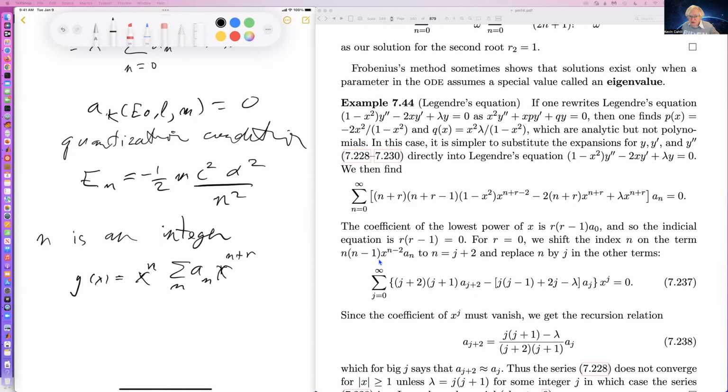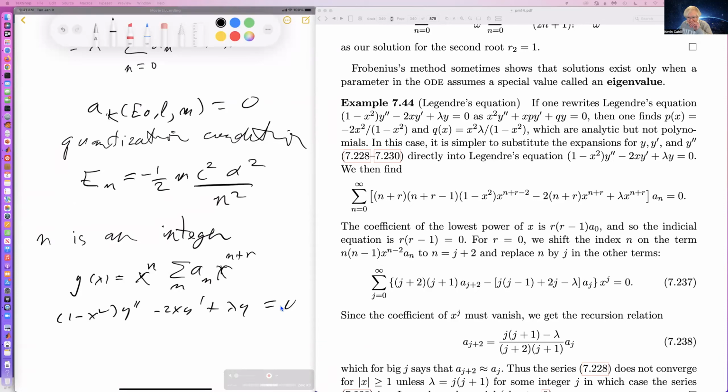And we just substitute this directly into Legendre's equation: 1 minus x squared y double prime minus 2x y prime plus lambda y equals 0. If you just substitute the infinite series in, you get this infinite series.